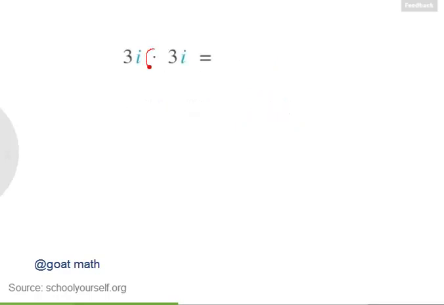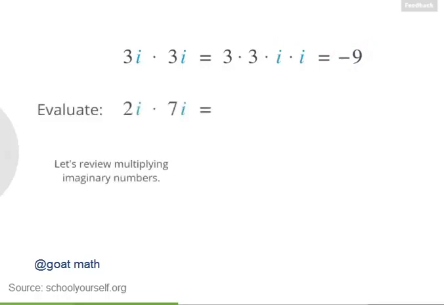Next, let's multiply imaginary numbers. If you have 3i times another 3i, you can multiply the 3's together and the i's together. 3 times 3 is 9, and i times i gives you negative 1. So this product is negative 9. Next, see if you can evaluate 2i times 7i.